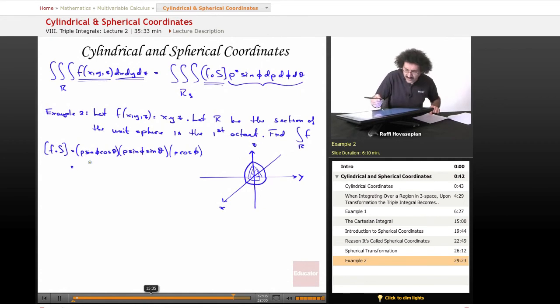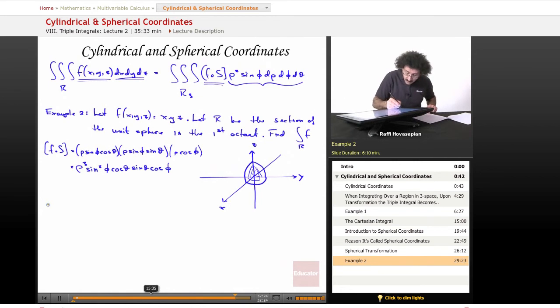I want to simplify as much as possible, so I end up with rho cubed sine squared phi cosine theta sine theta cosine phi. Looks complicated, but it's easily handleable.